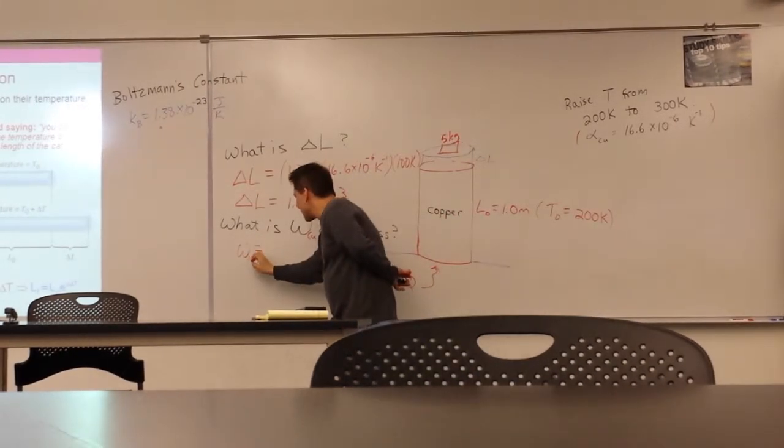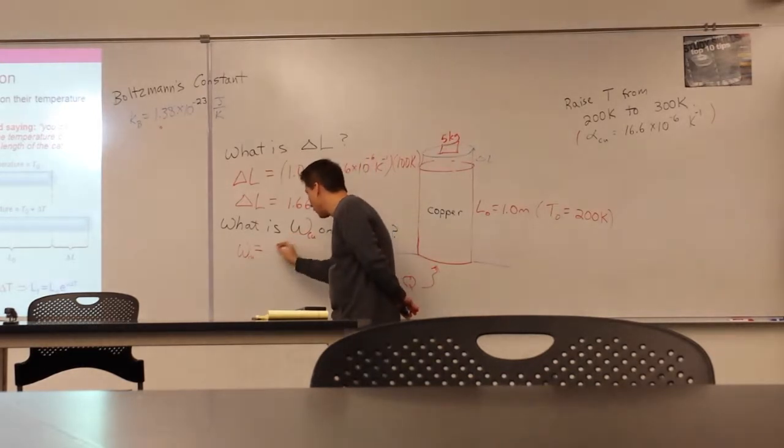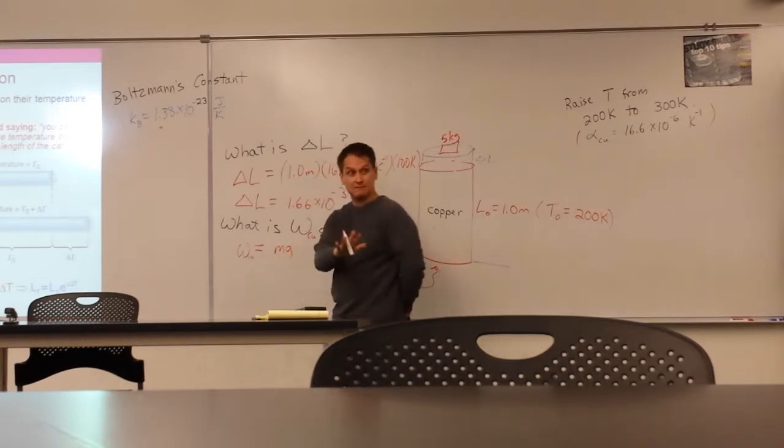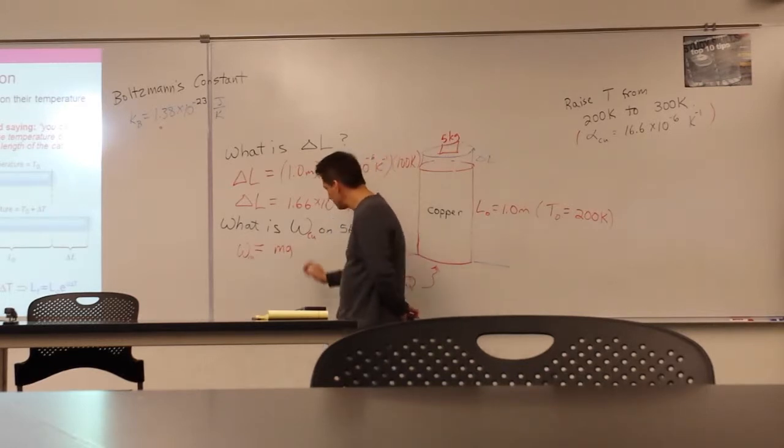So the work associated with the copper on this plot would be the force, and in this case, the force is mg, right? It's got to be mg, times delta y.